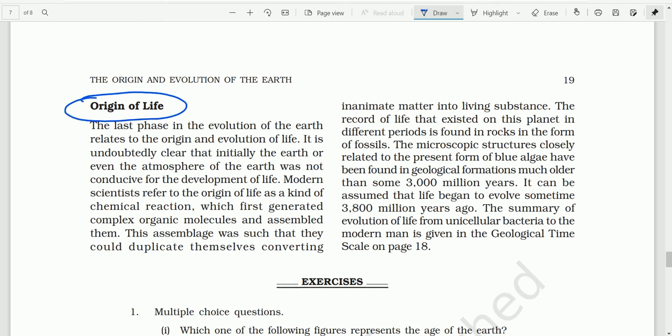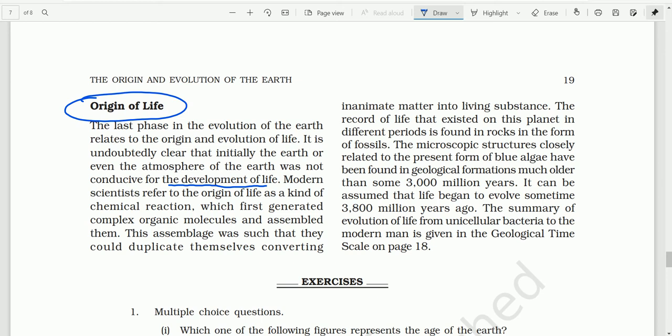How life originated on the earth. Here, this is the last phase. Origin of life is the last phase in the evolution of the earth. We have learned that the early atmosphere was not conducive for the development of life, because it was mainly constituted by hydrogen and helium.